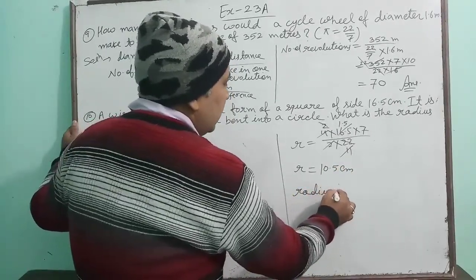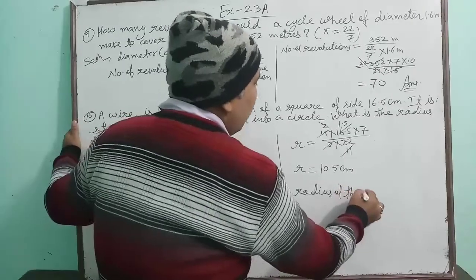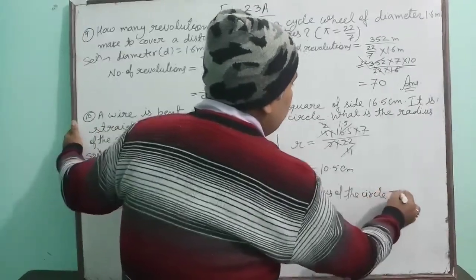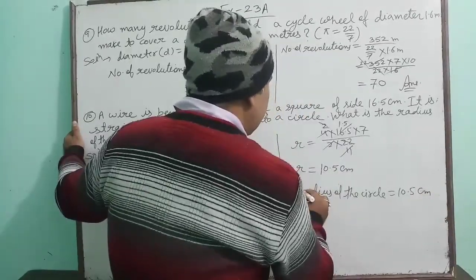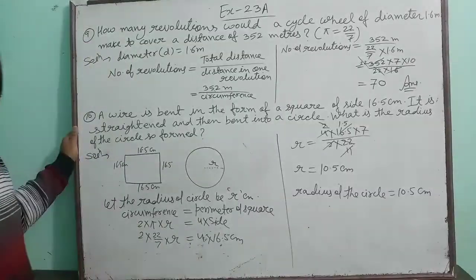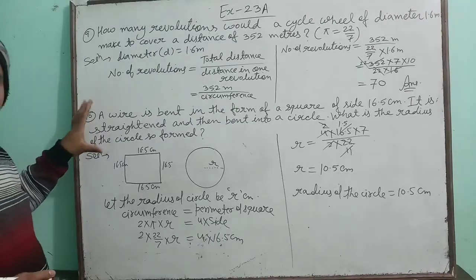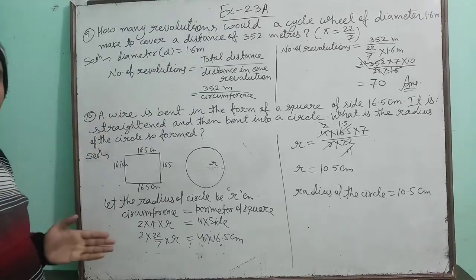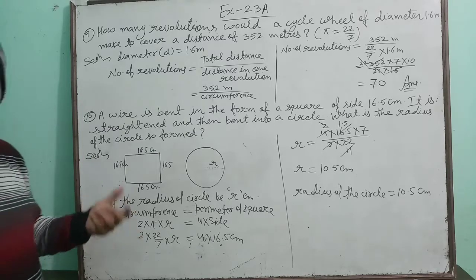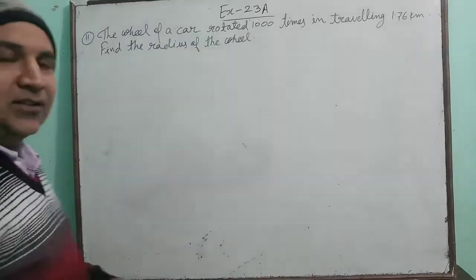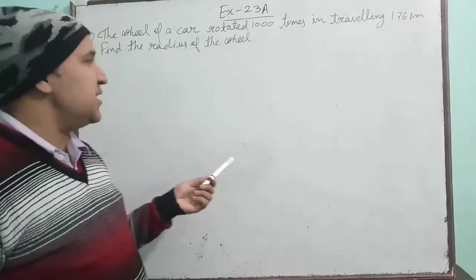That means radius of the circle will be equal to 10.5 centimeter. Okay, must see the question carefully and solve many times so that you can solve these type of questions. Okay, note down. Now see the last question of the exercise.